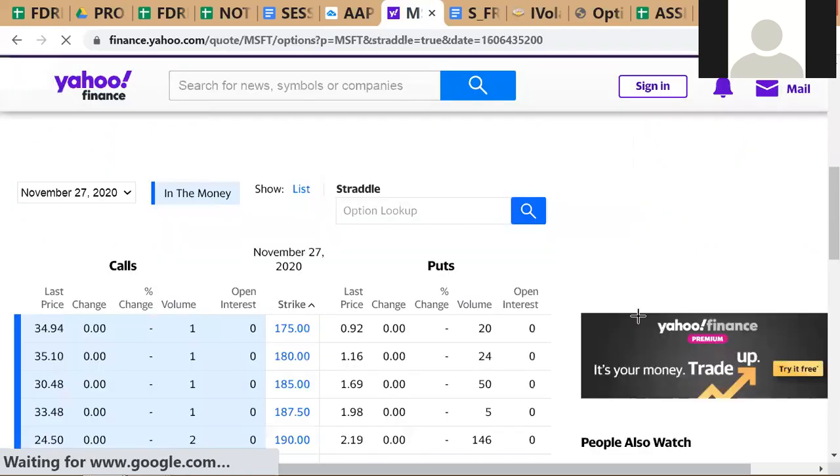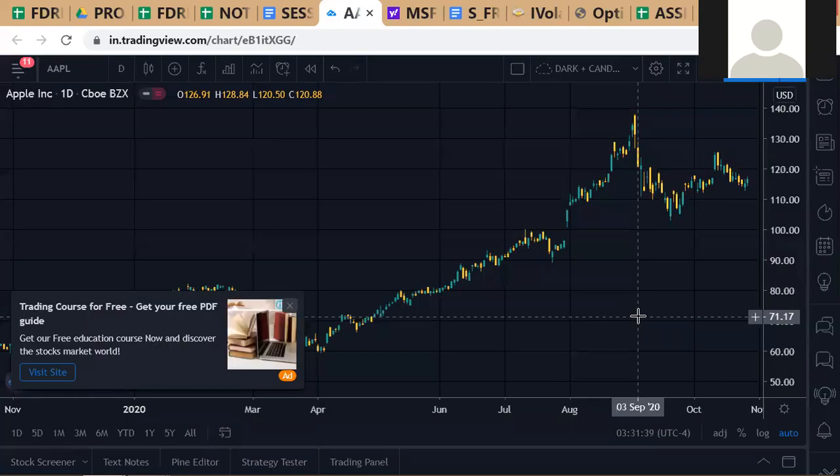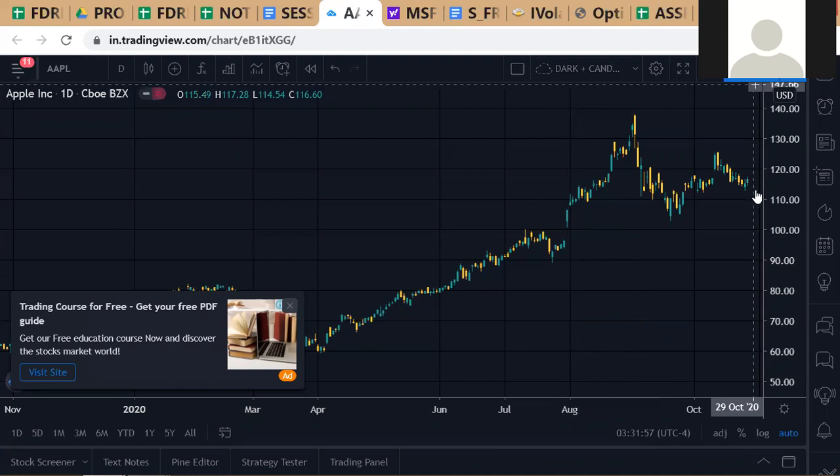These things happen when there are changes like stock splits. They adjust the strike prices because they have to maintain orderly trading. The trading has to make sense, and the strike prices have to make sense. You can't have $1,500 strike prices when the market is trading at 120, so you have to bring the strike price down in relation to the new price of the underlying.